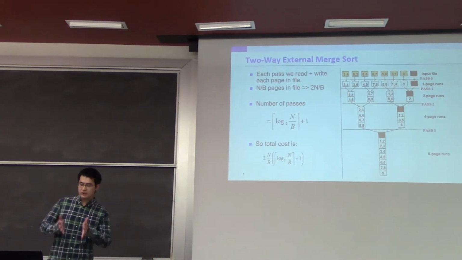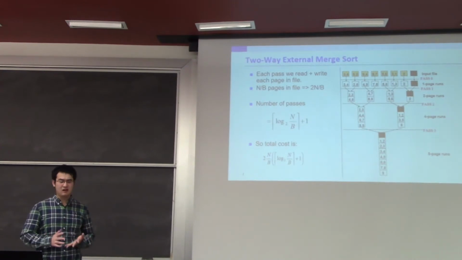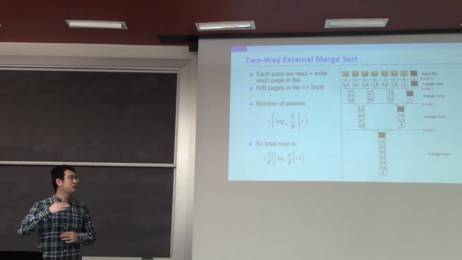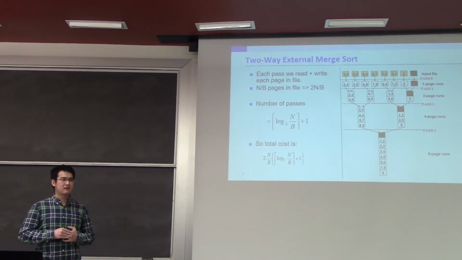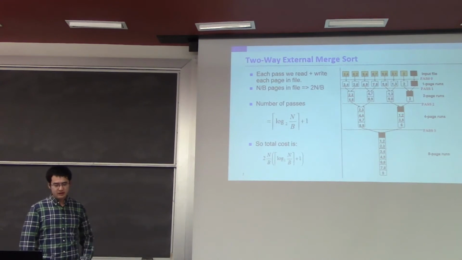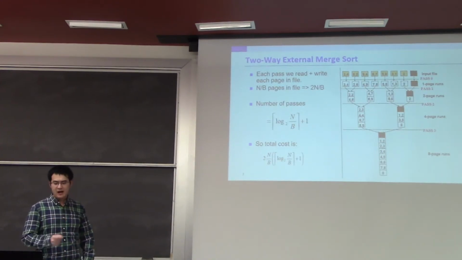Basically, you are doing a two-way merge, so each time you reduce your number of runs by approximately half. So the height of the whole tree is log 2 N over B. Any question about this? No. So the total cost would be 2 times N over B times the height plus 1.